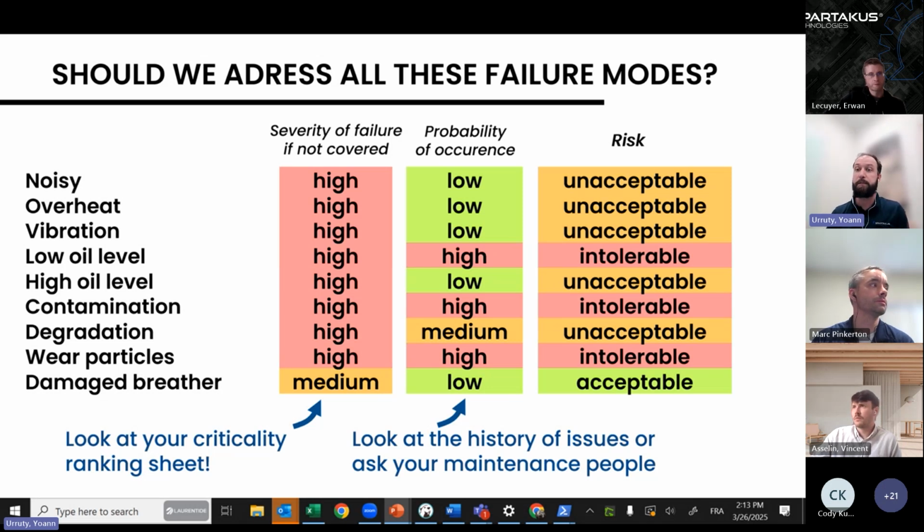It doesn't matter. In the end, you end up with some failure modes that can be considered more risky than others if not covered.